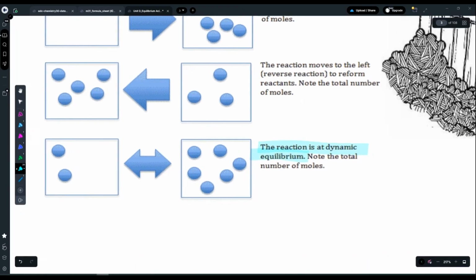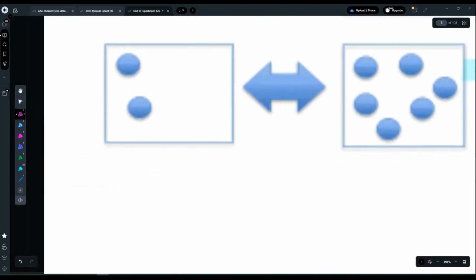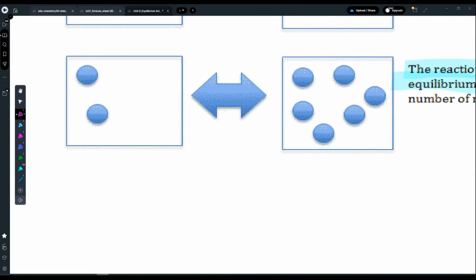Okay, so it does say to note the number of moles on the reactant and product side. So a common misconception is that equilibrium must mean that there's an equal amount of moles of reactants and products. That's not the case. That's not what equilibrium means. Dynamic equilibrium means that your forward rate of reaction and your reverse rate of reaction are the same.